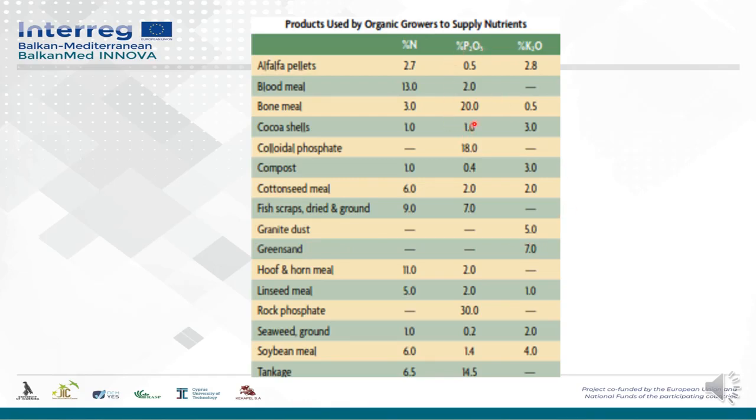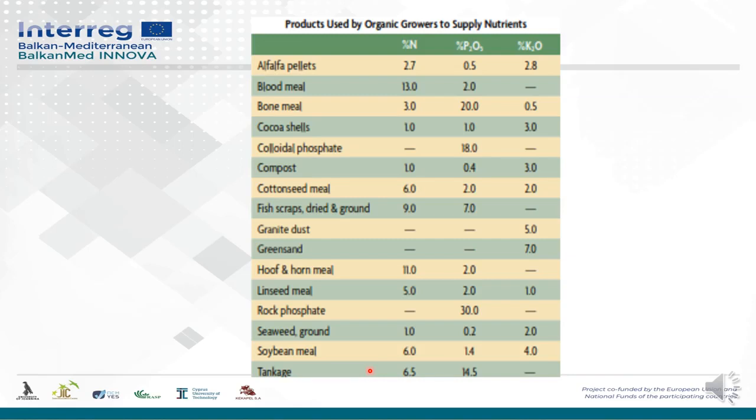Regarding phosphorus, the richest ones are bone meal and, in the first place, rock phosphates, which are minerals, natural rocks which are ground and are rich in phosphates. And speaking about nitrogen, in fact, there are very few natural materials that can be used in organic agriculture and have a high quantity of nitrogen.